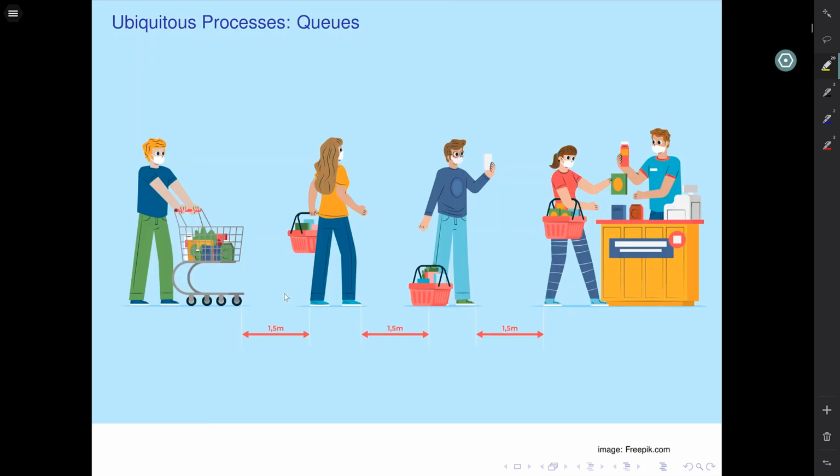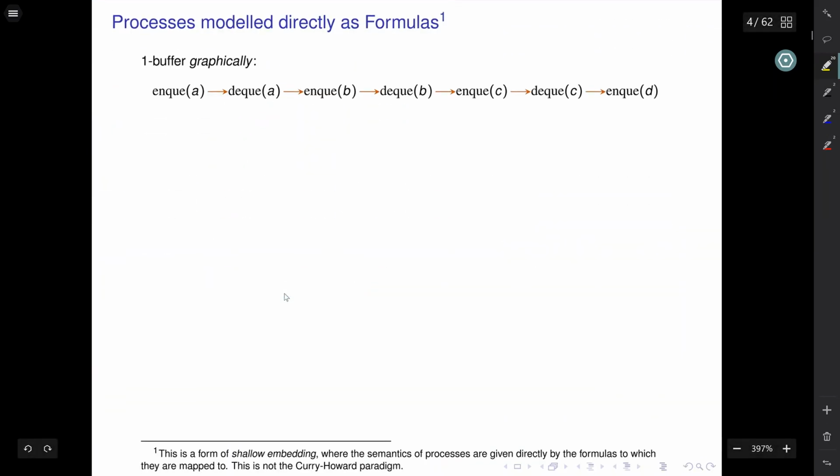This work stems from some rather simple observations in ubiquitous structures, such as queues. Queues are used, of course, in distributed systems for reliability, for instance, ensuring that a series of messages arrive in the same order in which they were sent. If we want to model a queue graphically, maybe we want to do it like this.